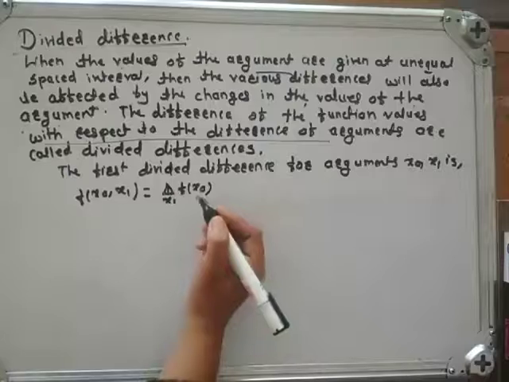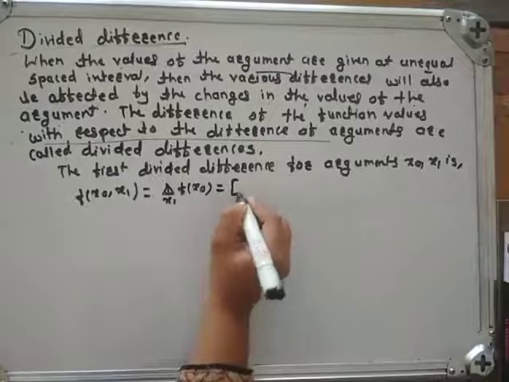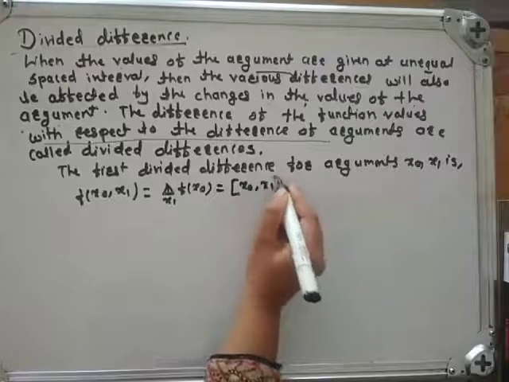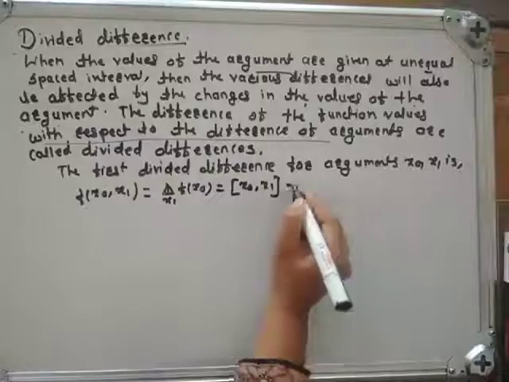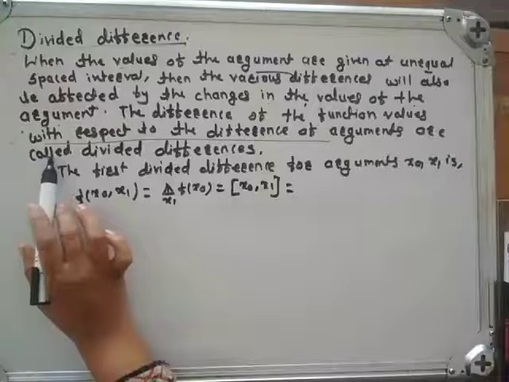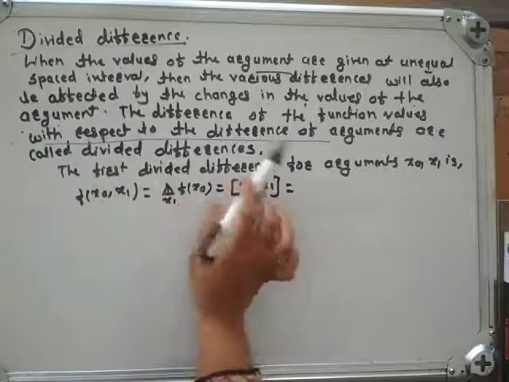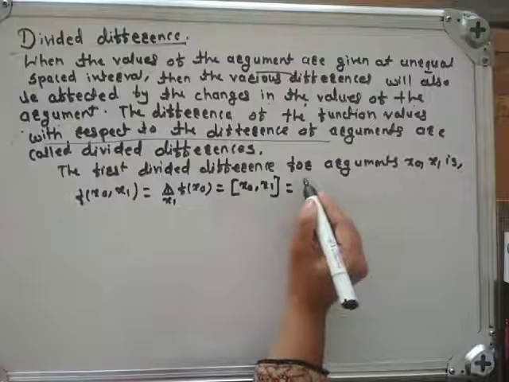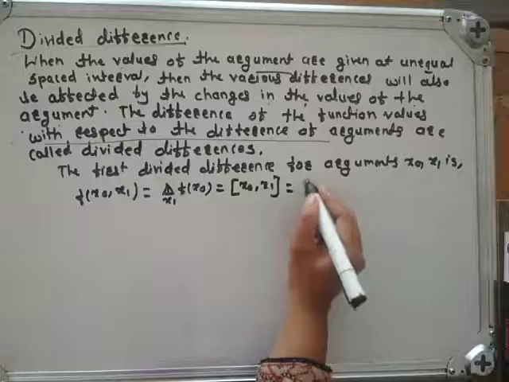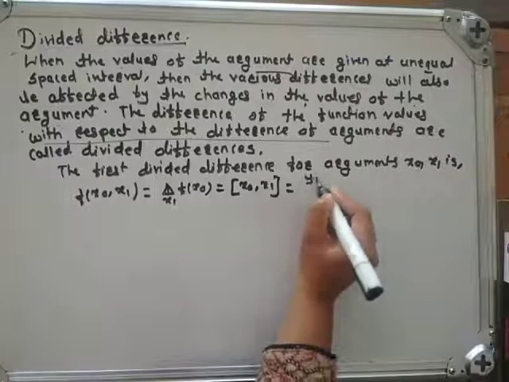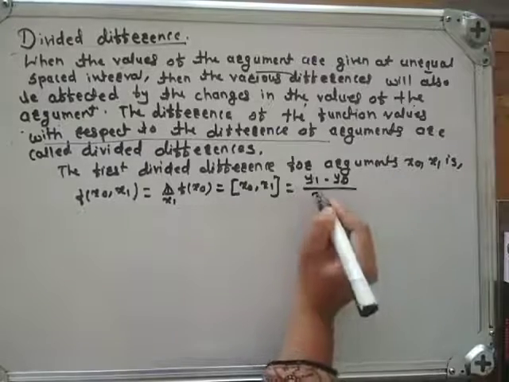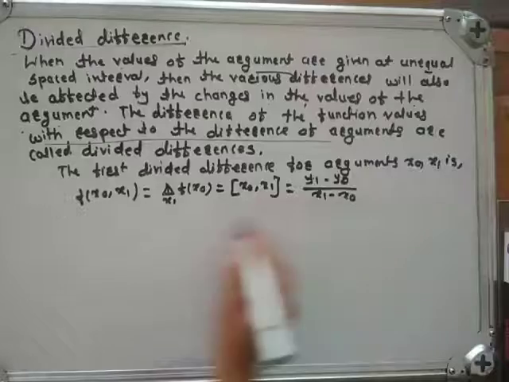In notation, this is in square bracket, or interval, x0, x1. What is the definition? The difference of the function values with respect to the difference of argument. The difference of function values means f of x1, which is nothing but y1, minus f of x0, which is nothing but y0, upon x1 minus x0.